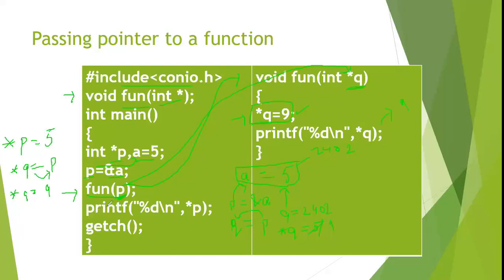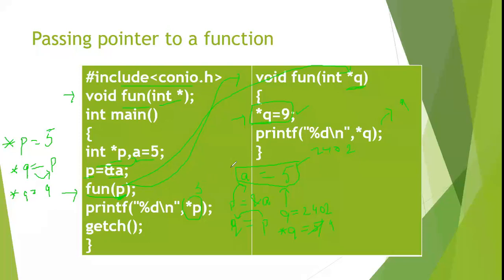And then if I print *p, what value does it give? What is the value at pointer p? Will it be 5 or 9? What do you think?